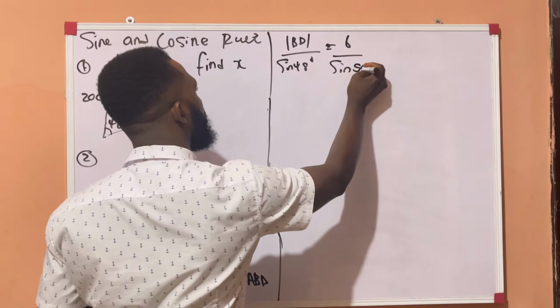So BD into the bracket of 0.7660, which is sine 50, is equal to 6 multiplied by sine 48 degrees. 6 times sine 48 degrees gives us 4.4588.